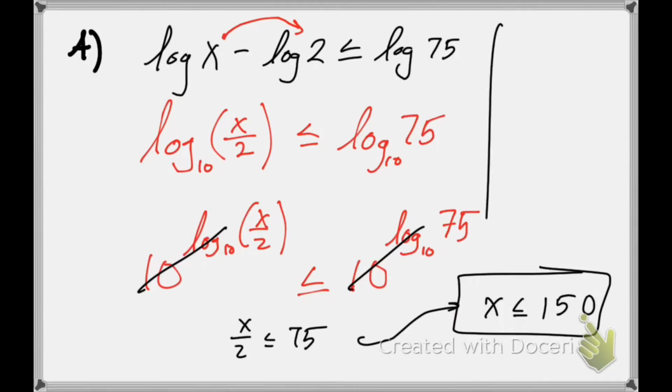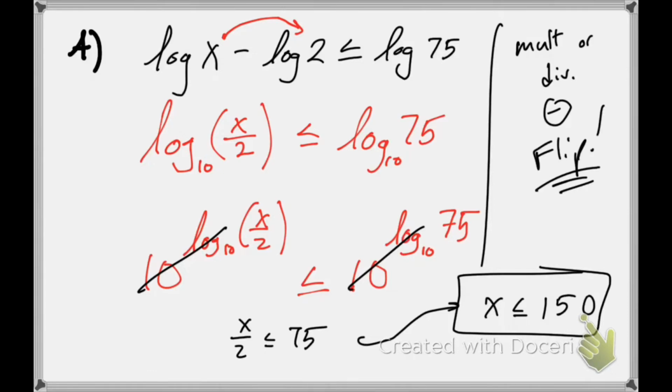Now, a few things we got to make sure of. Remember, if you multiply or divide by a negative, you flip the inequality. And then also, since log of x, I have to make sure that x is not 0. It has to be greater than 0.